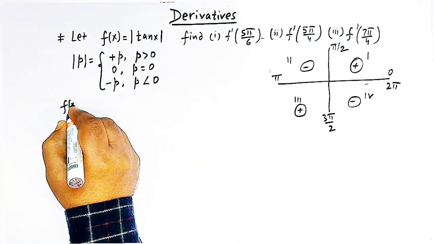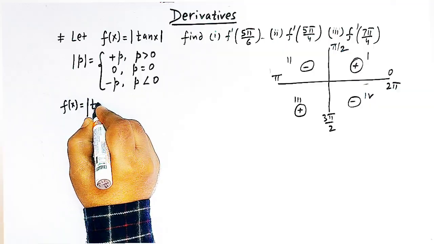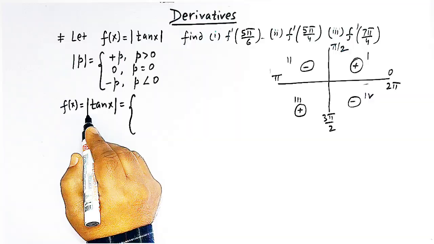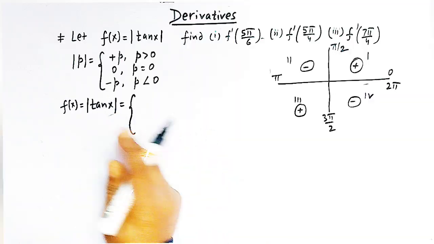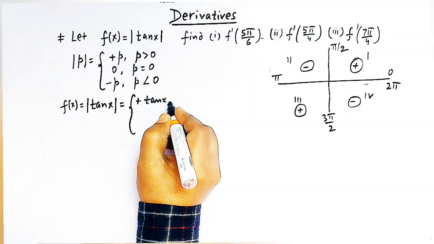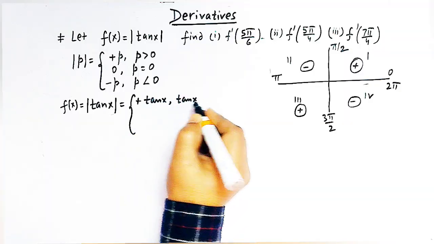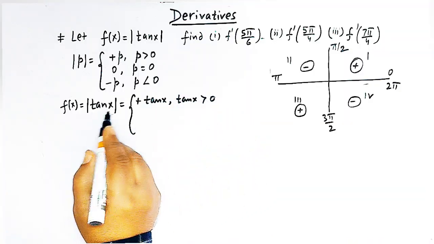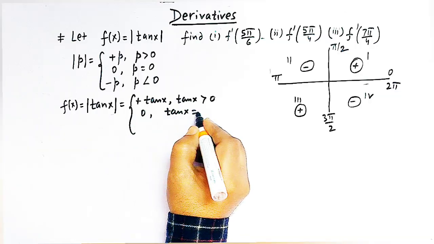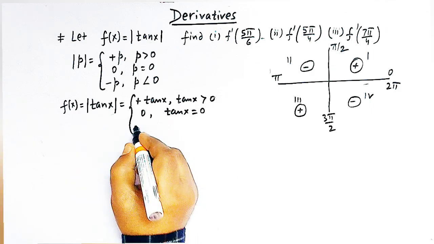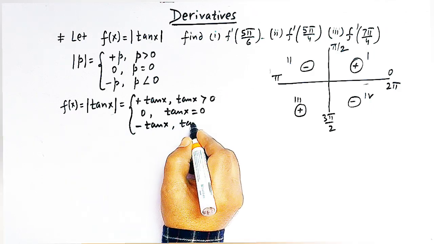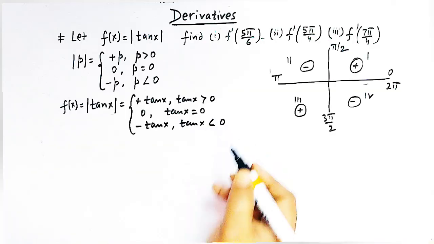Now we can write f of x is equal to mod tan x, and mod of tan x is equal to positive tan x whenever tan x is greater than 0, mod of tan x is 0 whenever tan x is equal to 0, and mod of tan x is negative tan x when tan x is less than 0.